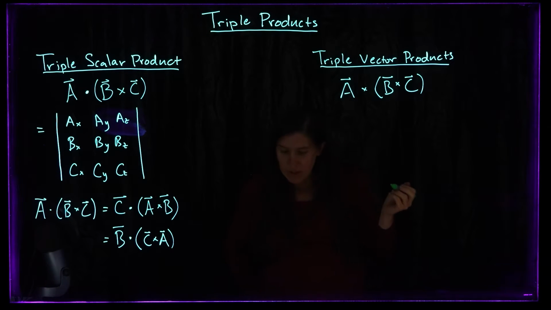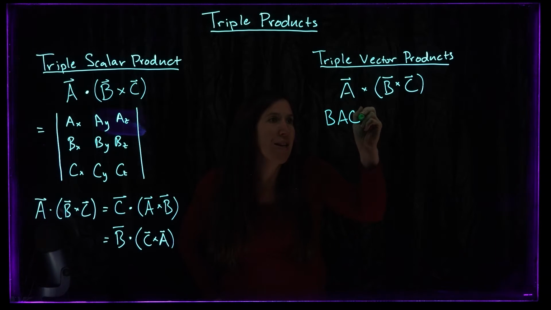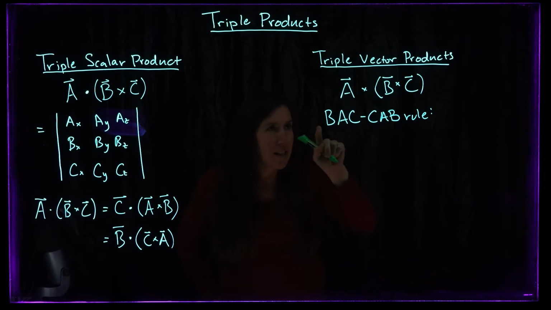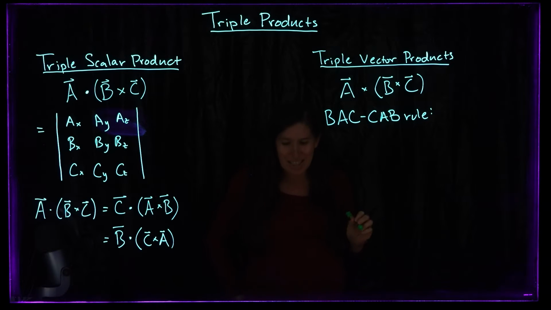But there are some nice identities. So the one that comes up very often is known as the back cab rule. And specifically, we'll see these letters are corresponding to a triple vector product written in the way I have it above here, where I used letters A, B, and C. All right, so what is the back cab rule?